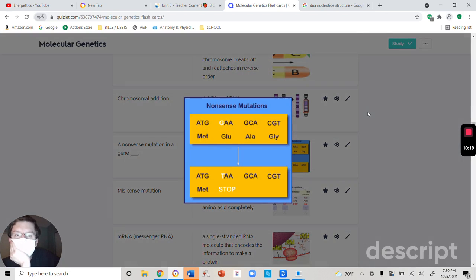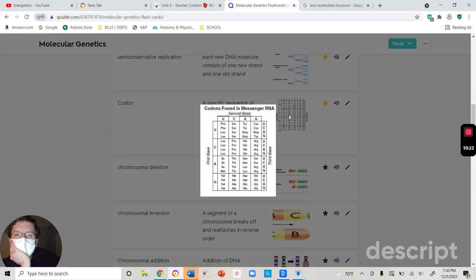And what I mean by premature stop codon is, not every 3-letter combination codes for an amino acid, because we need to stop eventually. Some 3 nitrogenous base combinations just tell us to stop building the protein. We're finished. So once we get our amino acids lined up and the protein's ready, we get to a stop codon. So for example, the letters U, A, and G are a stop codon.